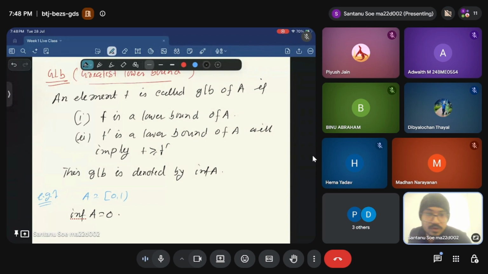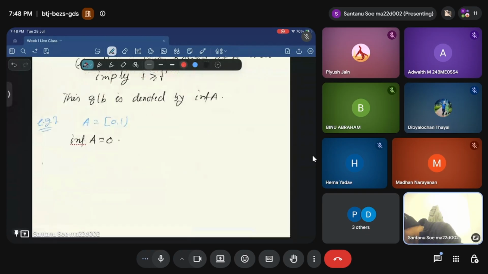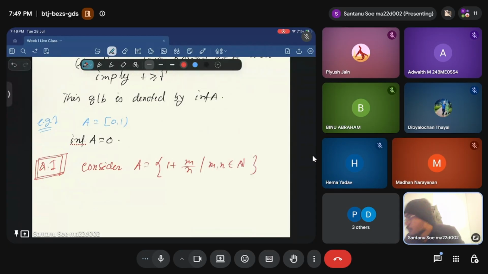Okay, so I'm going to go with the first question. Consider A equals 1 plus m divided by n, where m and n are natural numbers.